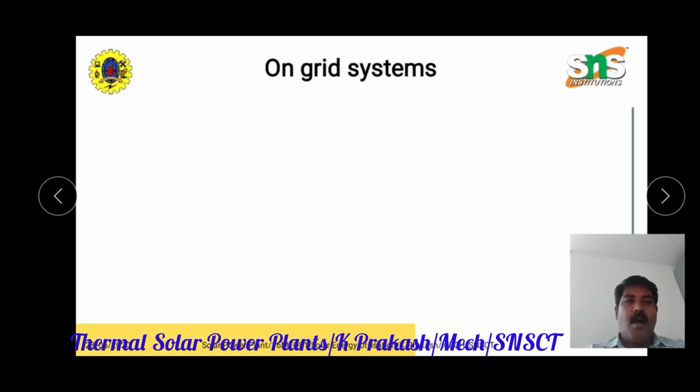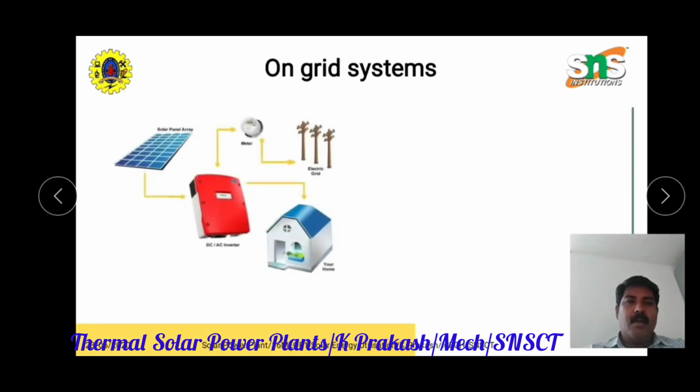So next we will go for on-grid. What is the difference between off-grid and on-grid? You have to understand carefully. In on-grid we are not storing any power, but we are using the utility power grid.